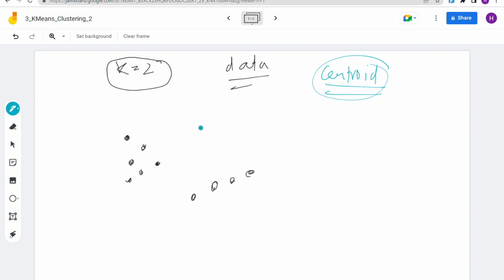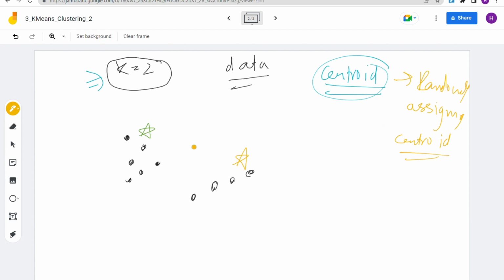Okay, so since we have k value equal to 2, the first step is to define centroids. So let's say we have one centroid here and another centroid here. We are just randomly assigning the centroids.